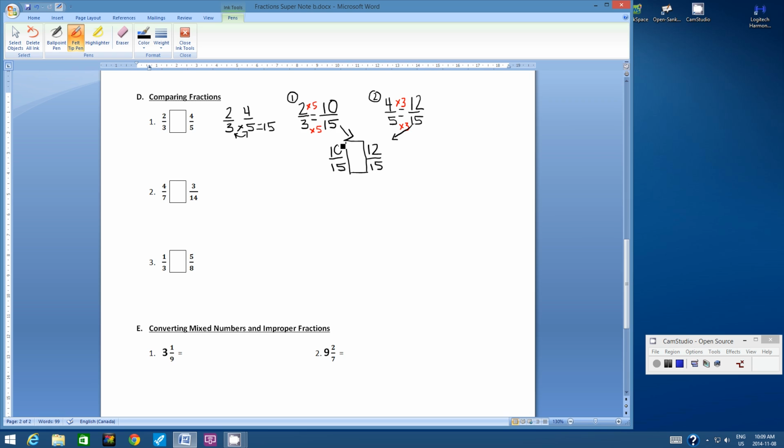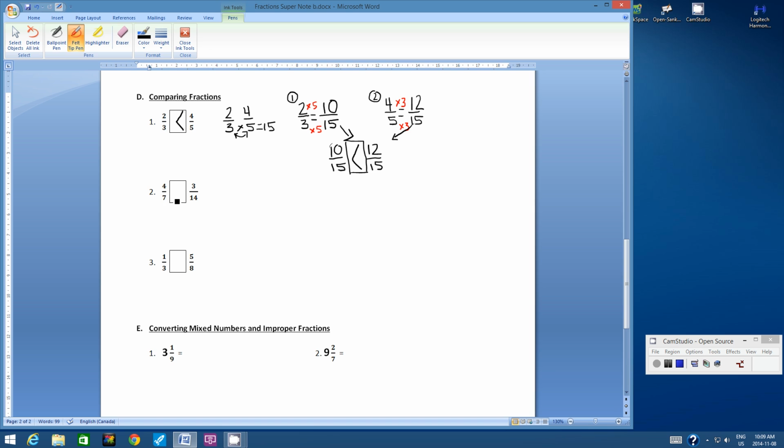We have a numerator of 10 and a numerator of 12. Which one is bigger? 12 is bigger. Which one is smaller? 10 is smaller. So the sign that we would put in here is a less than sign. Let's go back to our original question and fill this in. Less than. Okay, I hope that made some sense, but we're going to have a couple more examples to practice.